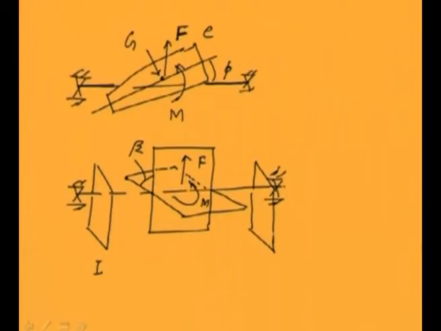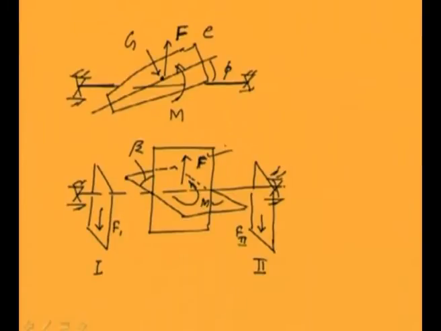So we need to consider the balancing in plane 1 and plane 2 because of the force F and the moment. We already obtained the correction required for F, so we can use it here, that is F1 and F2. These correspond to the centrifugal force coming from the eccentricity.